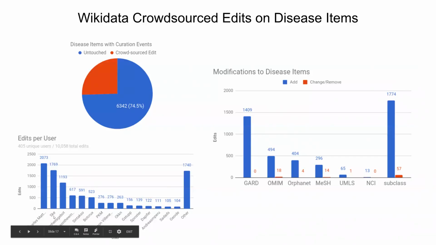But you can see there are some really, really super active users that have tons of edits. And there were about 405 unique users that did some sort of edit on a disease item. The top 20 users did like 80% of the edits or something like that. But you have hundreds of other users who each made 1 or 2 edits.